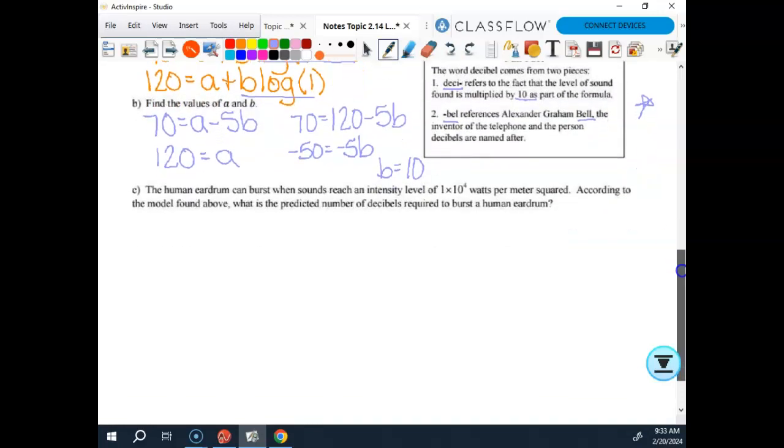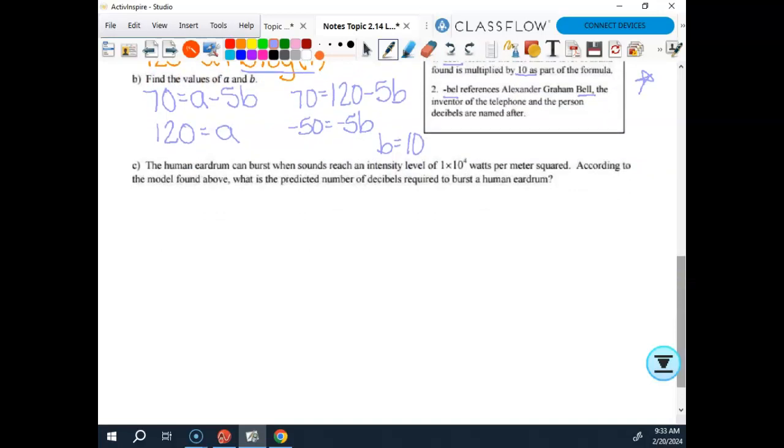All right. Now this says the human eardrum can burst when its sounds reach an intensity level of 1 × 10⁴ watts per meter squared. According to the model found above, what is the predicted number of decibels required to burst a human eardrum?